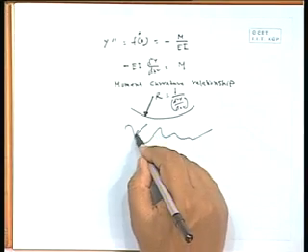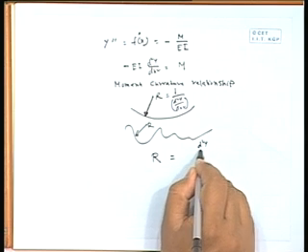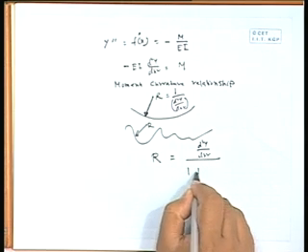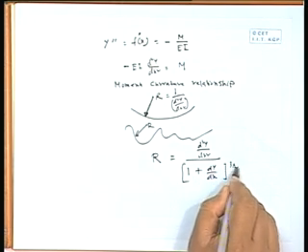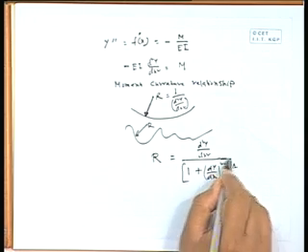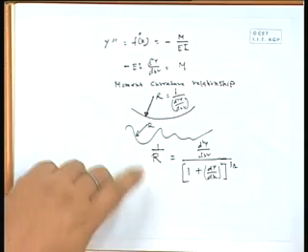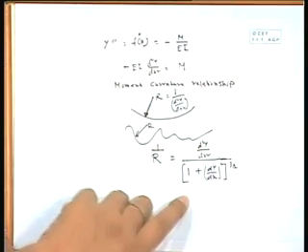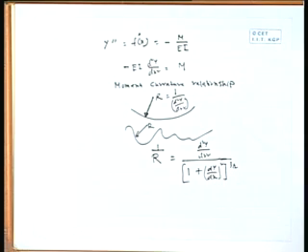For a very arbitrary curve, the general expression is 1 by r, the curvature, equal to d2y by dx square divided by 1 plus dy by dx whole square, whole to the power 3 by 2, or 1.5, whatever you can say.